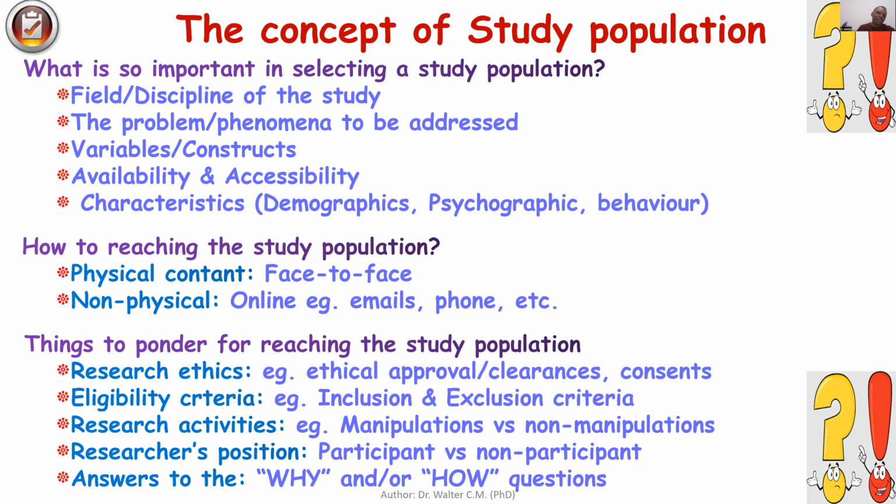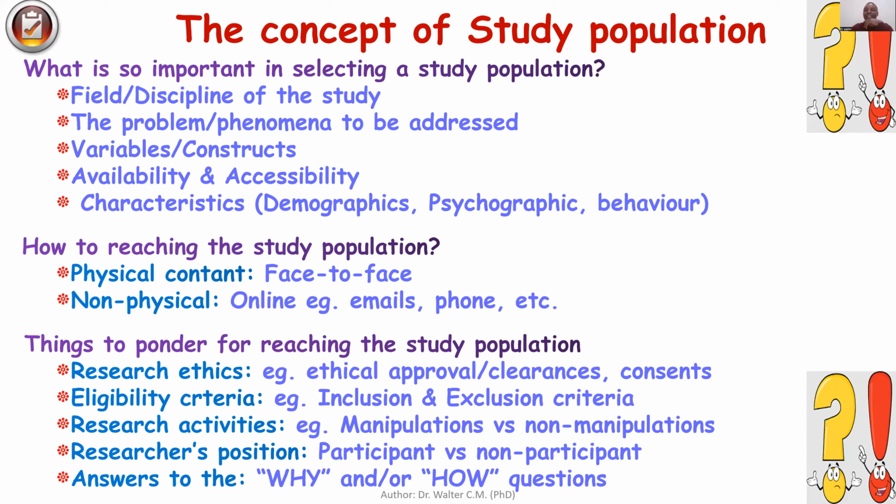So we have conventional ways of reaching your population, but we also have technology-based ways. As researchers, we are advised to sit down, comprehend well the ways to reach the study population, and opt for the appropriate way to reach your study population. It's not because we have technology that we should force ourselves to use technology while your topic needs physical contact with people.